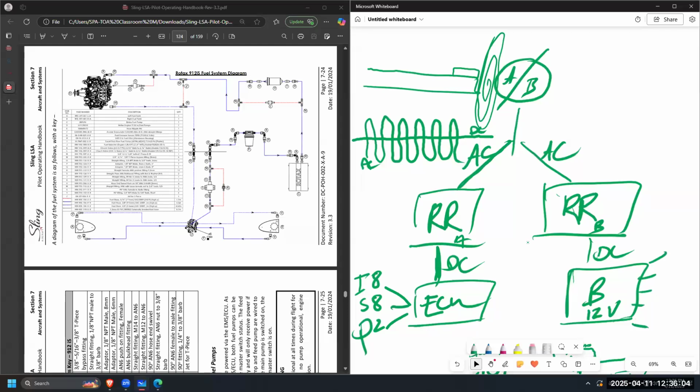Good. Good. What is this part right here that I drew? And what is this part? That would be your crank, your prop. Crankshaft? Okay. And what is this part? Your gear reduction.